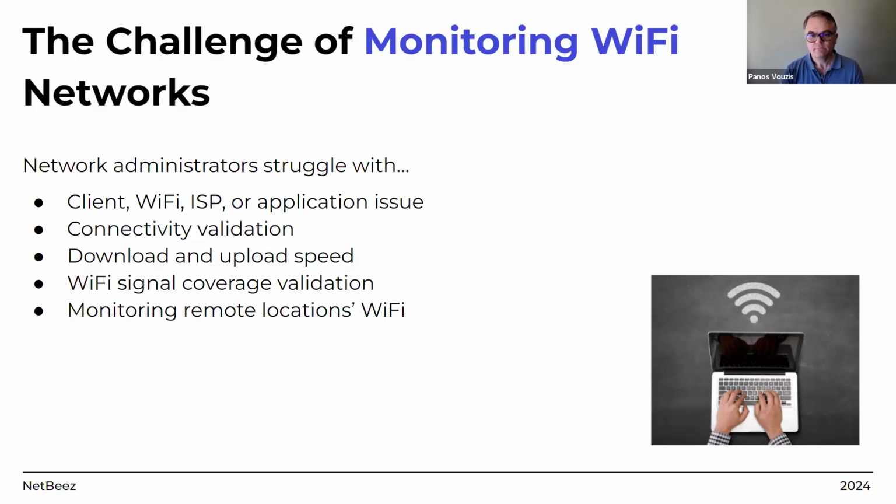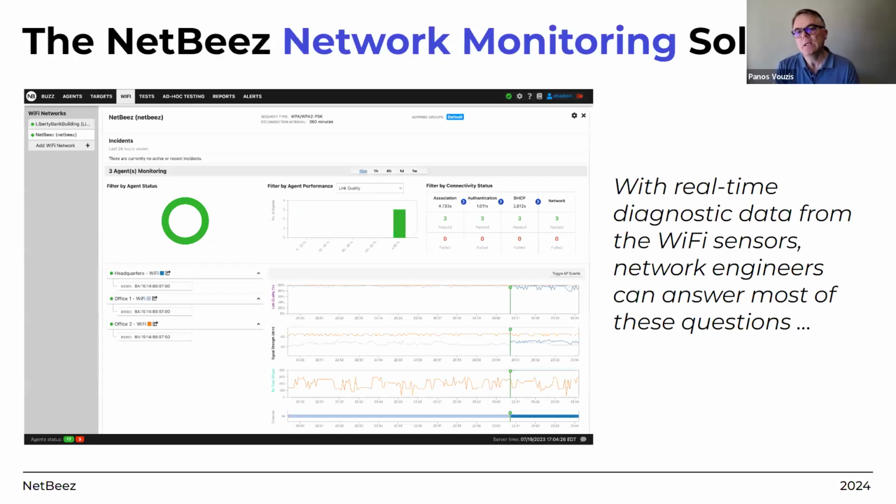Many of you know how NetBeez does it. We use sensors around your network. The sensors are another client, another station on the Wi-Fi network that capture Wi-Fi metrics like signal strength and link quality, but also run synthetic testing to capture and simulate user experience, like measuring latency, HTTP response time, DNS response time, DHCP response time, etc. That combined with tests like bandwidth testing can give us a pretty clear picture of what the user experience is.